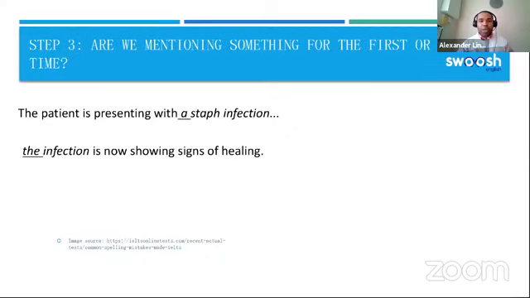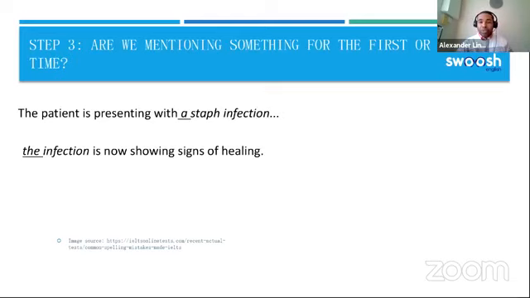Okay, step 2. Are we mentioning something for the first or the second time? So let's have a look here with the example of staph infection. So if we're mentioning it for the first time, so the reader is being introduced to a new piece of information, then we would use the indefinite article. So we can see here, the patient is presenting with a staph infection. Indefinite article, it's the first time.